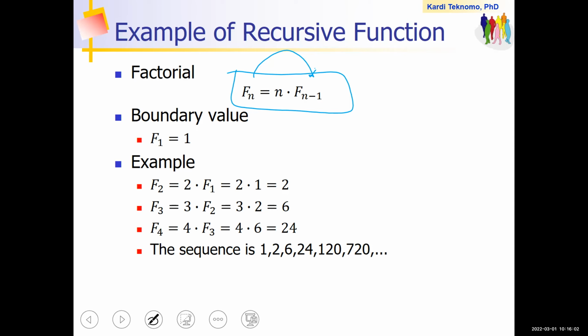Okay? Multiplied by the n itself in this case. So of course, if you know the boundary value, f1 is 1, then you can calculate f2, right? What is f2? F2 is 2 multiplied by f1. Okay? F3 is 3 multiplied by f2, and so on. So you will get this sequence 1, 2, 6, 24, and so on. So this is an example of a recursive function.